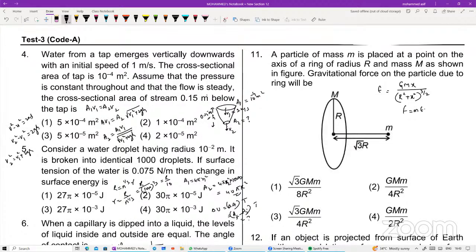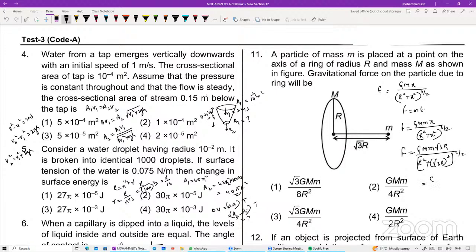That's the answer, isn't it? So what will be the relation right now? F is equal to capital G, capital M, small m into x divided by r square plus x square to the power of 3 by 2. Isn't it? In the problem is telling x की वैल्यू कितना दे रखा है? √3 r. And F is equal to capital G, capital M, small m into √3 into capital R divided by r square plus √3 into r whole square to the power of 3 by 2. ठीक है ना?